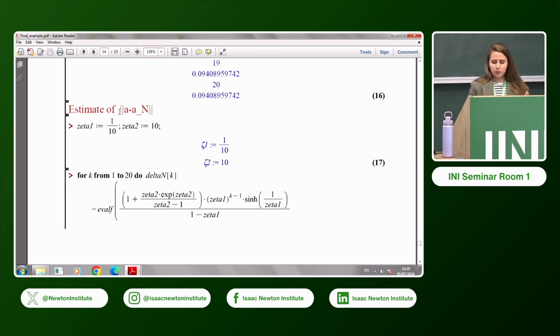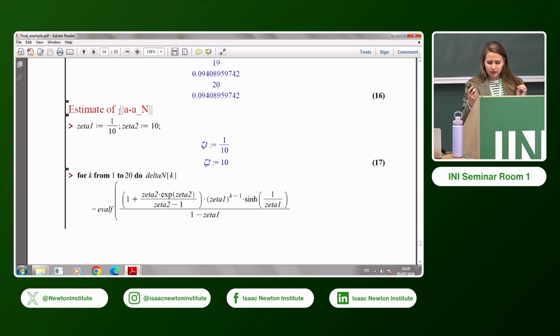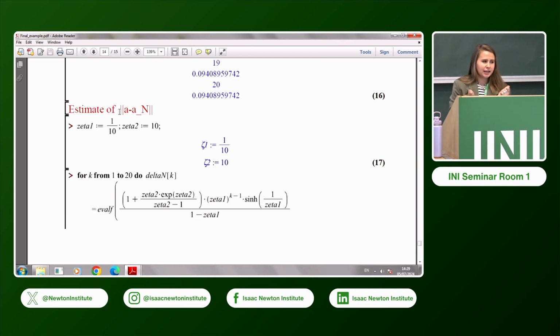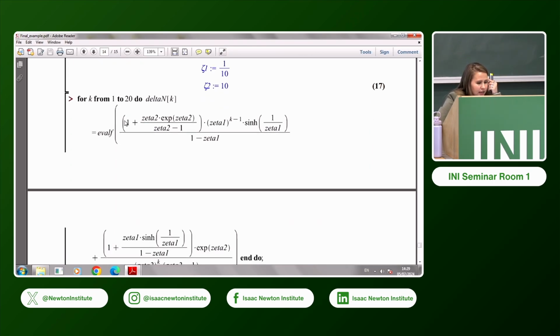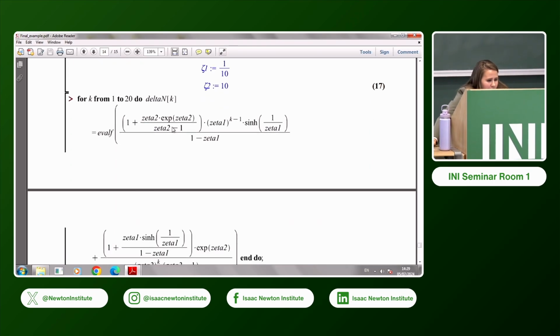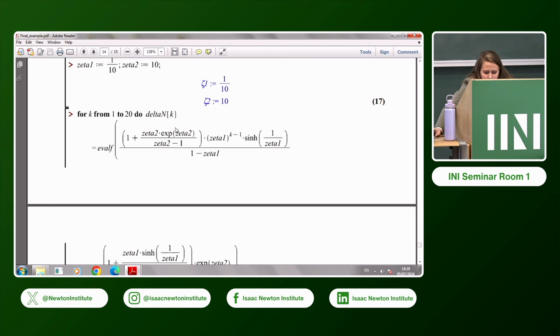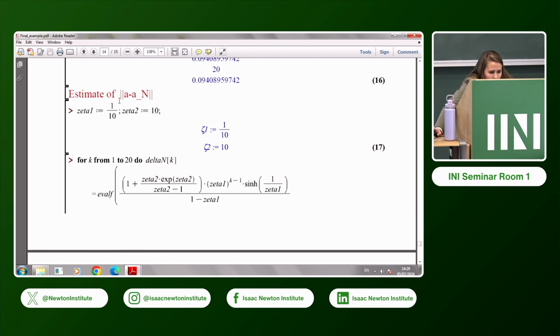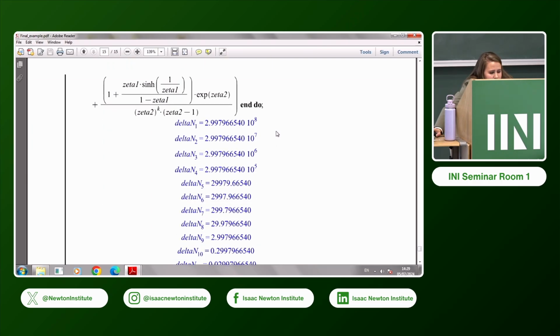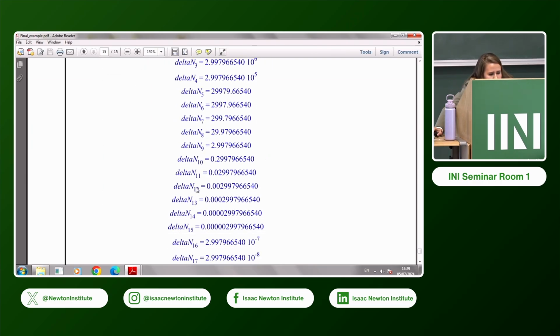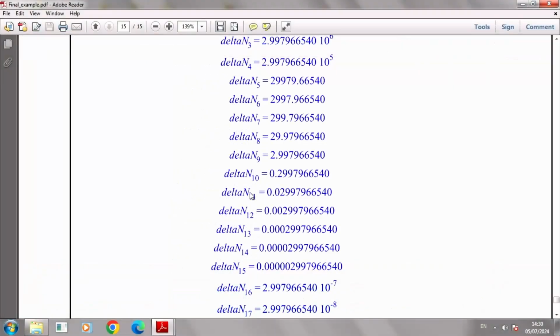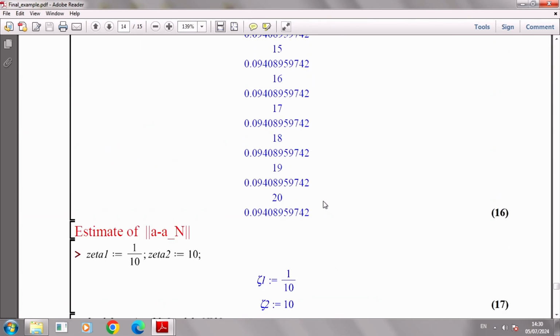So there is a question: is the original matrix in this neighborhood? And the answer is yes, it is clear. Here we have delta. This is an estimate for our difference, and we can see that delta is less than 11. If we look at the radius, it's here.